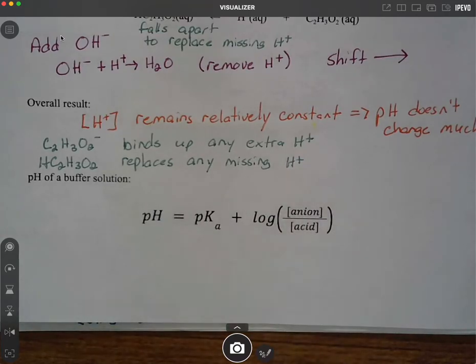This is the formula for calculating the pH of a buffer solution.